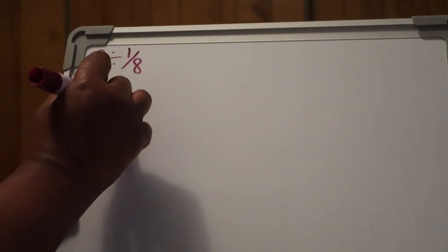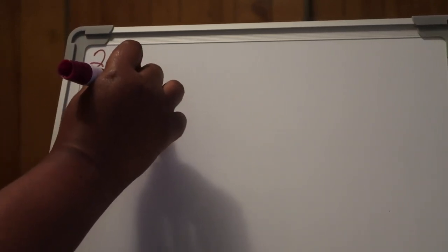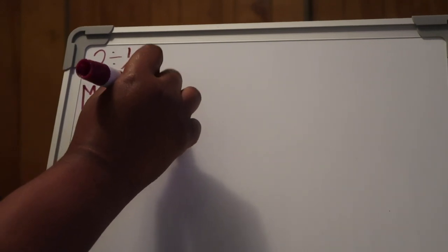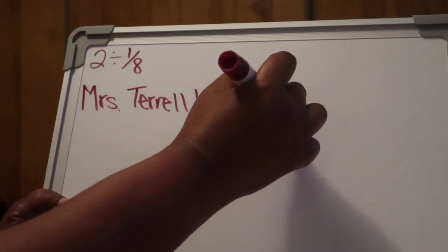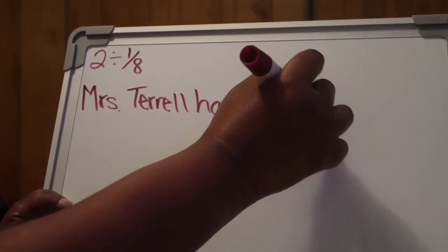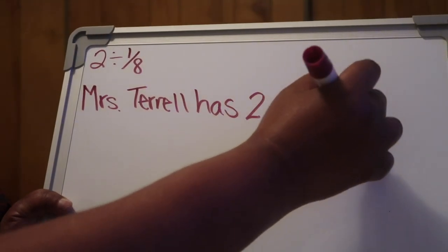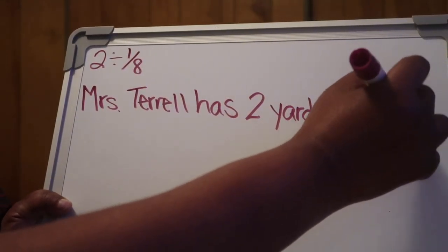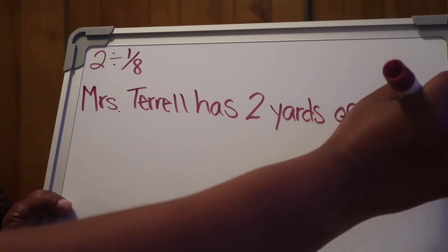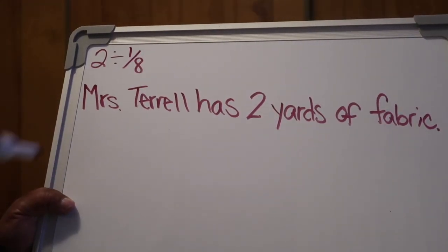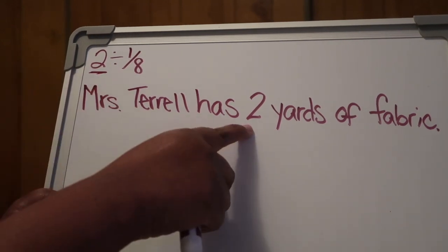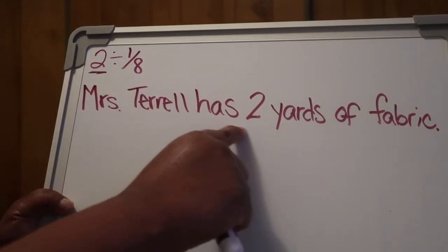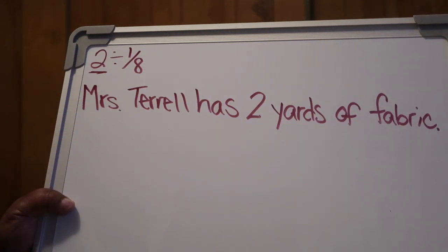Mrs. Terrell has 2 yards of fabric. So again, the whole number tells us how much she has of something. So I'm saying Miss Terrell has 2 yards of fabric.